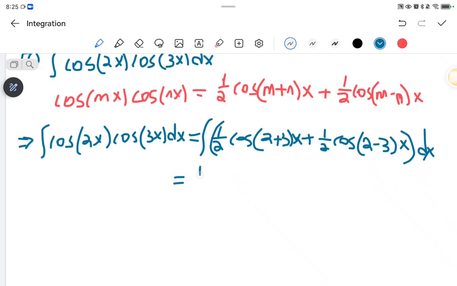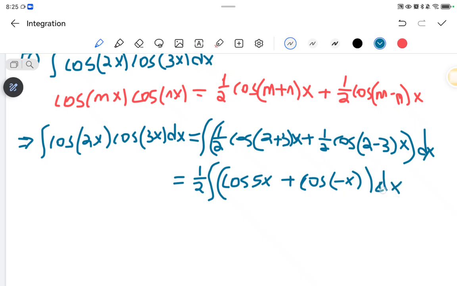We say that this will be 1 over 2 integral of cos of 5x plus cos of minus x dx.